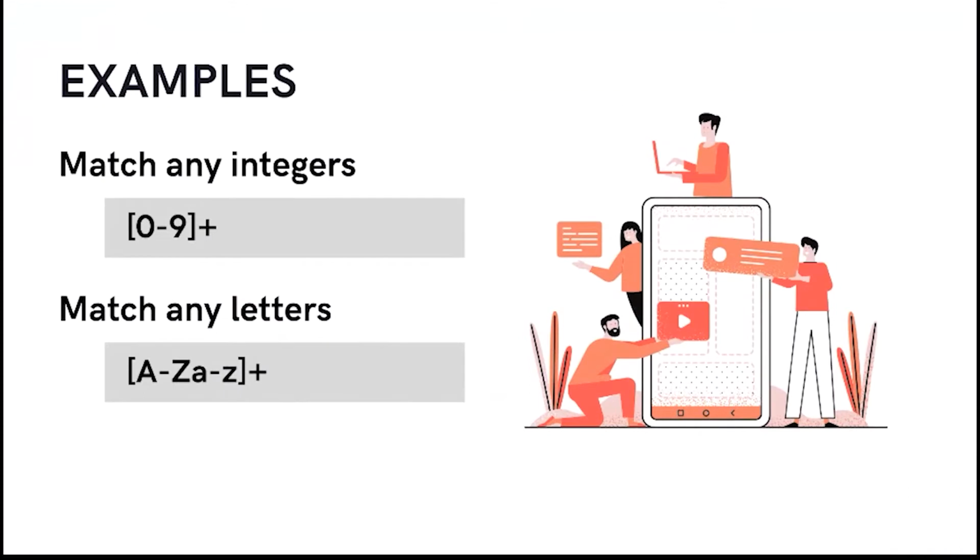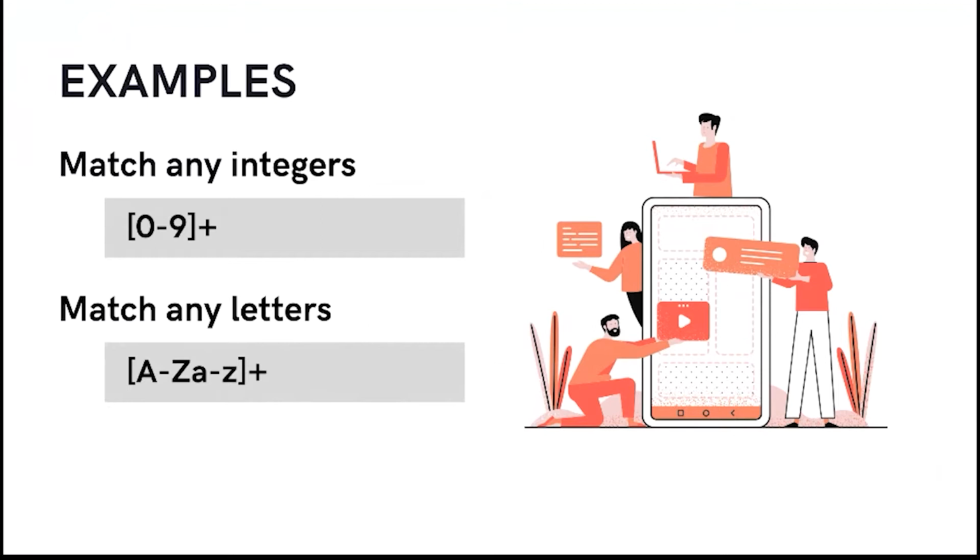So here are some very simple examples of regular expression. The first one matches any integers. I'll go into more detail on the regular expression format, but basically the first one just says for any integers, which is from 0 to 9. So that's anything like 1, 2, 3, 4, all the way to 9, pretty much every single number.